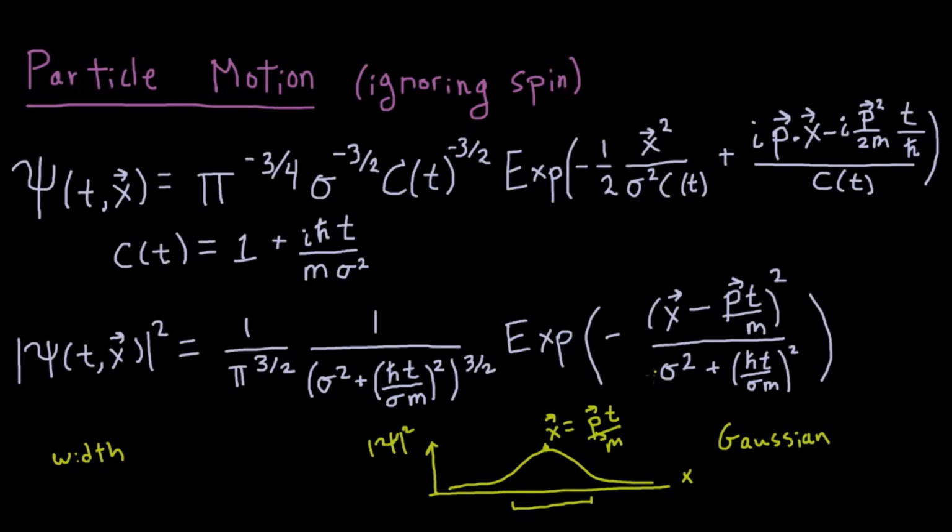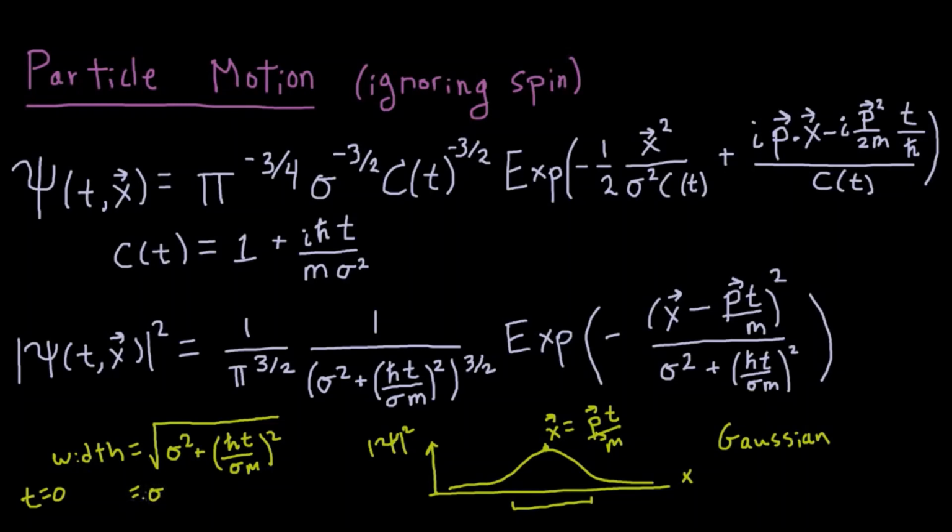Furthermore, the width of this Gaussian is going to be the square root of this thing right here. So the width is equal to the square root of sigma squared plus h bar times t over sigma times m, squared. At t equals 0, the width is just equal to sigma.